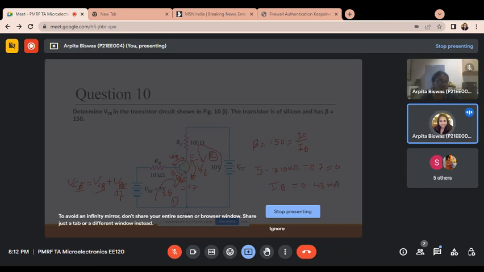Someone, what is the IC value? IC value is 64.5 milliamps. IB value is matching with your answer, 0.43 milliamps.